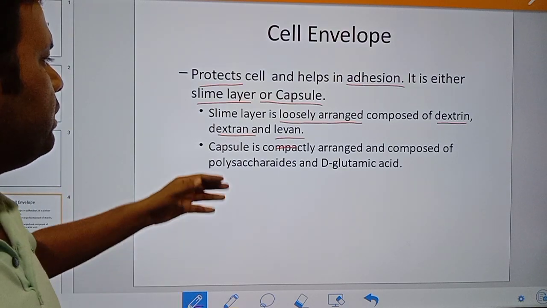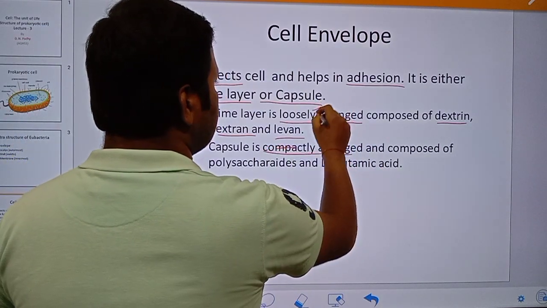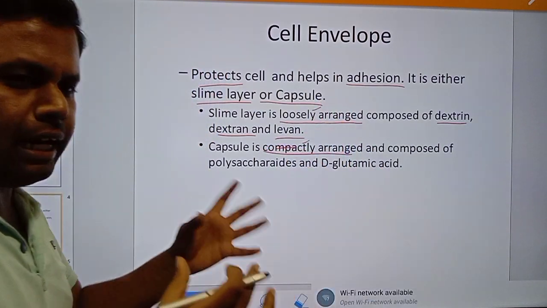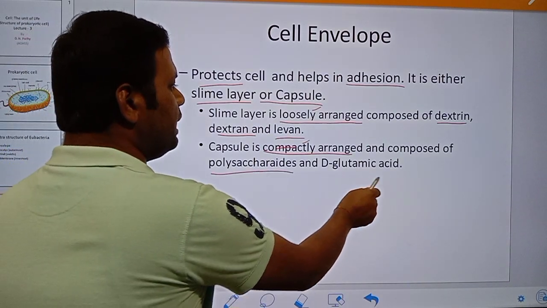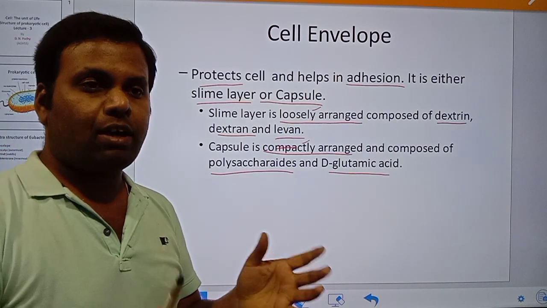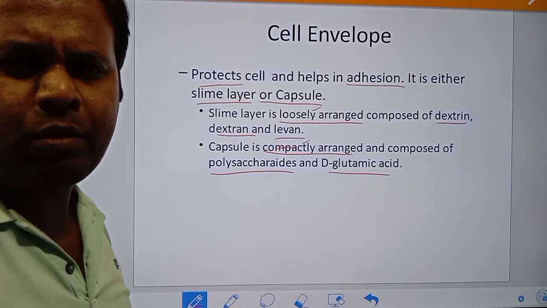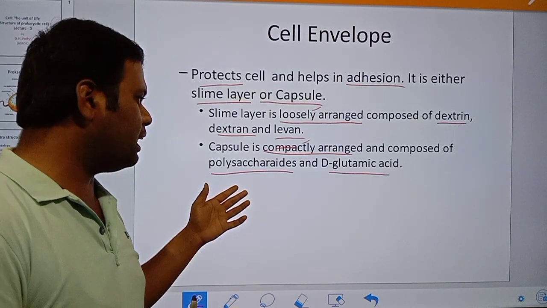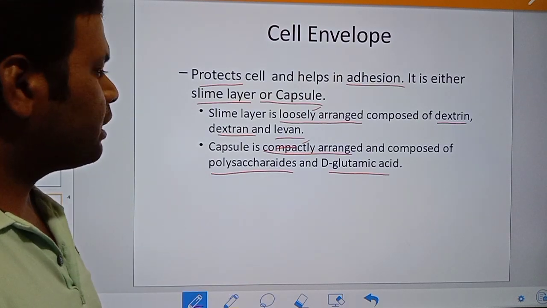Moving to the next, the capsule is compactly arranged. You will see here loosely arranged, here compactly arranged, meaning tightly arranged or hard structure, and composed of polysaccharides and D-glutamic acid. So it is the same polysaccharide. We know that the cell wall, cell membrane and cell envelopes are mostly made up of carbohydrate units. So here also polysaccharides as well as D-glutamic acid are the composition of this capsule.